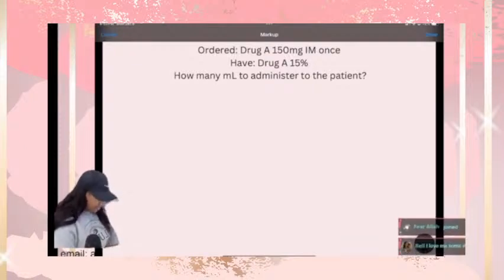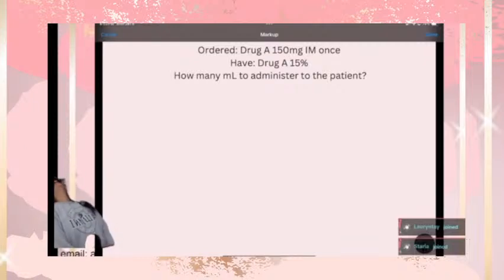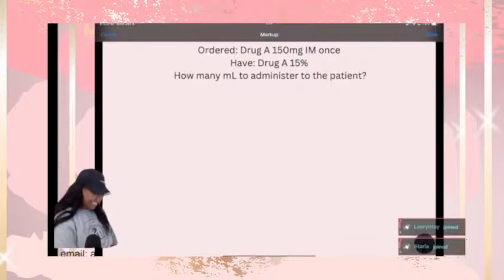Ordered: Drug A, 150 mgs IM once. Have: Drug A, 15%. How many mLs to administer to the patient? So you remember what I was talking about, right?